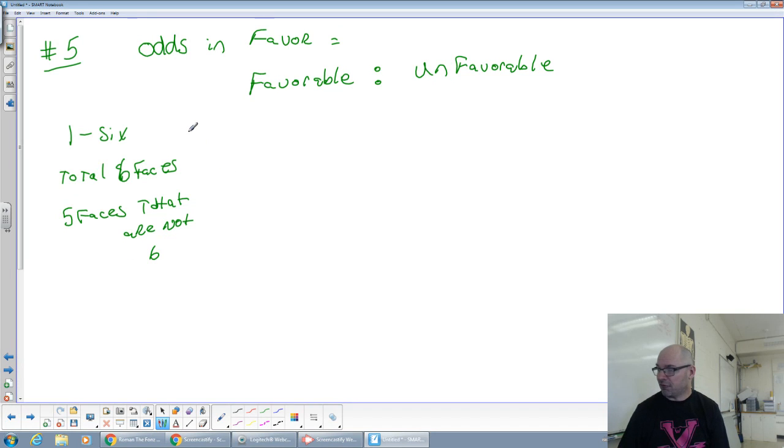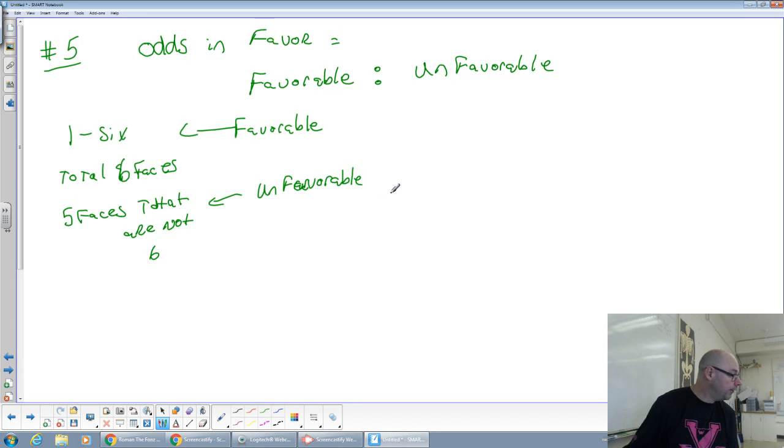So this is your favorable. This is your total, which you don't need, but you need your unfavorable. How many are not 6s? There are 5. This is your unfavorable. So the odds in favor of this would be 1 to 5 non-6s.